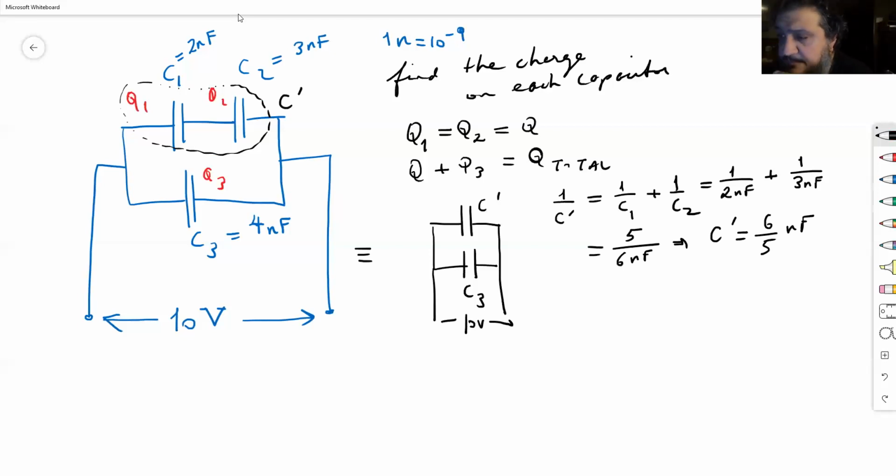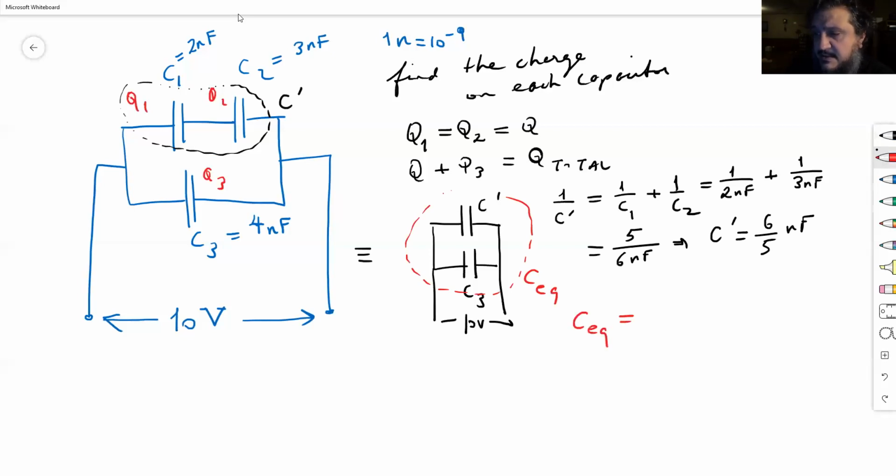Okay, so now that I found C prime, how do I find the equivalent capacitance? This one, call it CEQ. CEQ will be simply C prime plus C3.